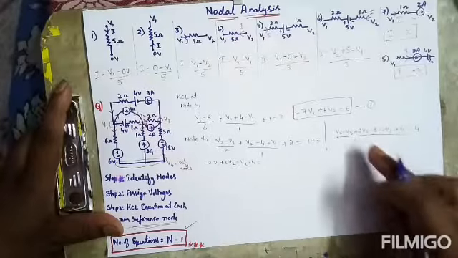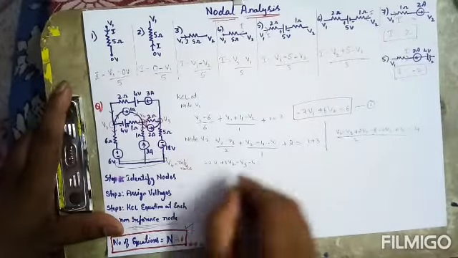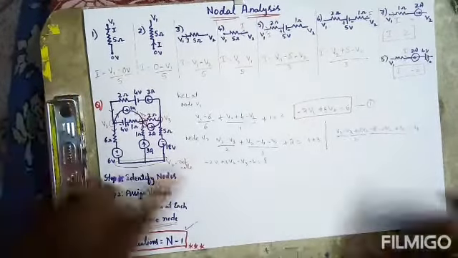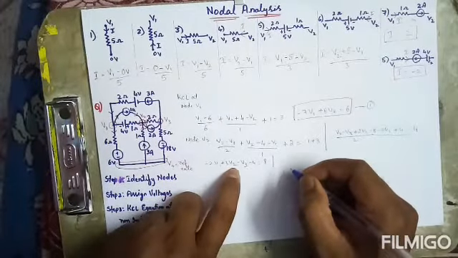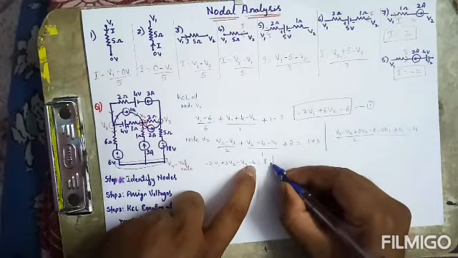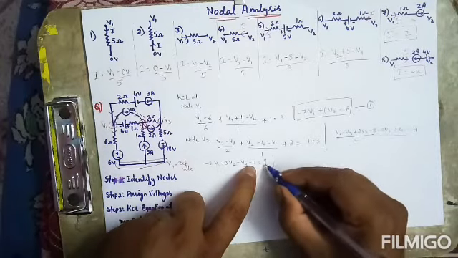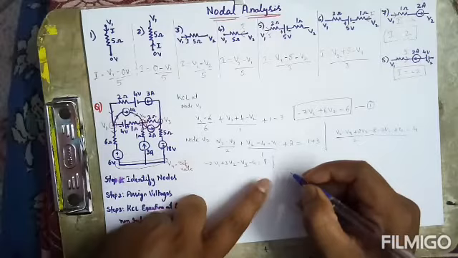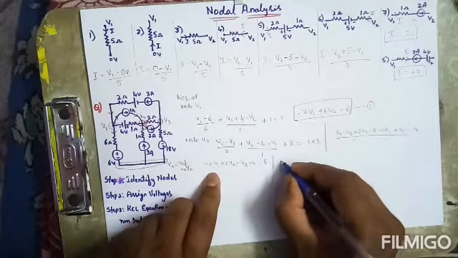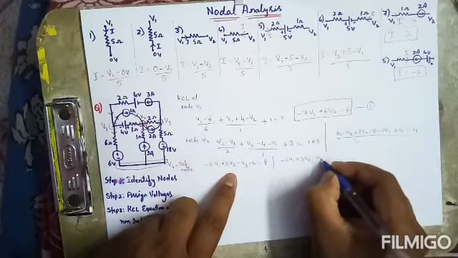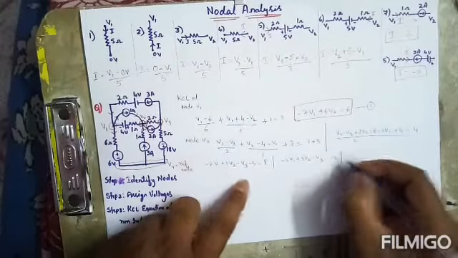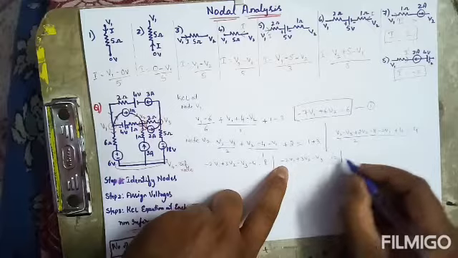is equal to this 2, I will take it here, so 2 for the 8. Further, if I simplify this, you get minus 2 as it is, 3V2 minus V3. This, if I take it to the RHS, it is going to become 8 plus 4, it is going to become 12. So I can write it as minus 2V1 plus 3V2 minus V3 is equal to 12, or I will multiply the minus sign in both RHS and LHS.